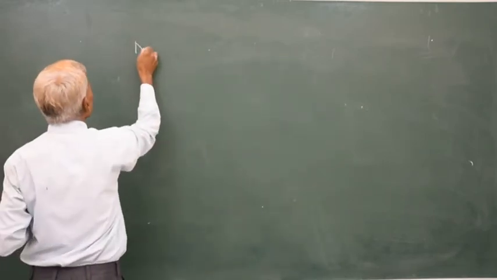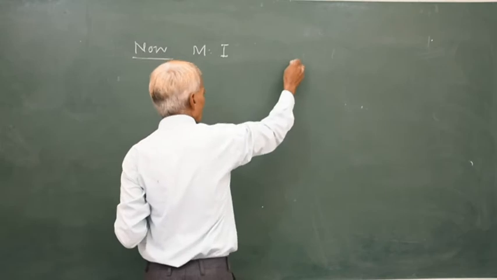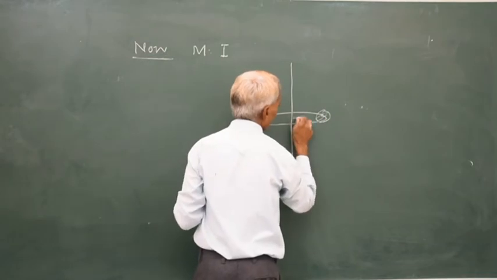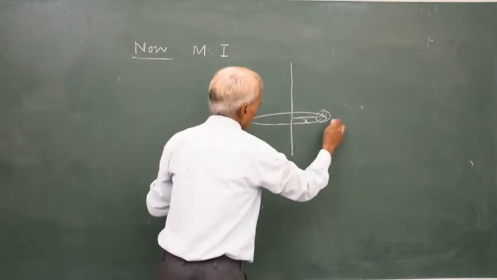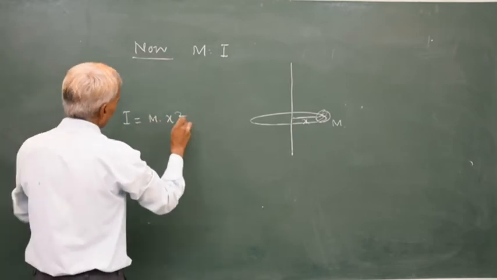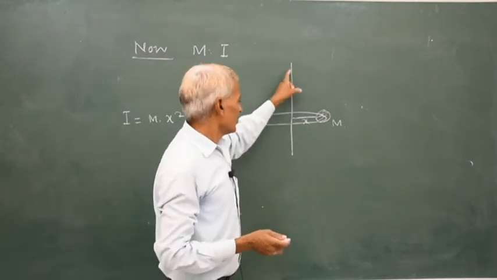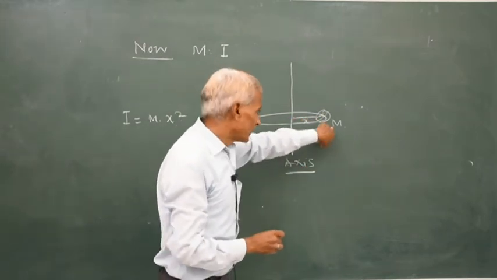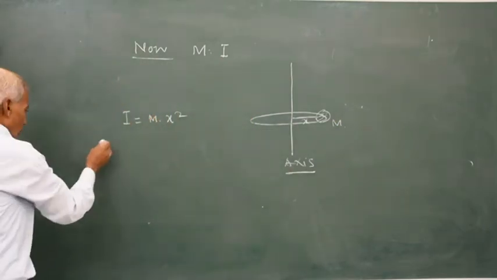When one object is revolving about an axis at radius x, and suppose its mass is m, then the moment of inertia I is equal to m into the square of the separation. When mass m is revolving around the axis, if x is the radius, then the moment of inertia of this object about this axis is given by I equal to m x square.